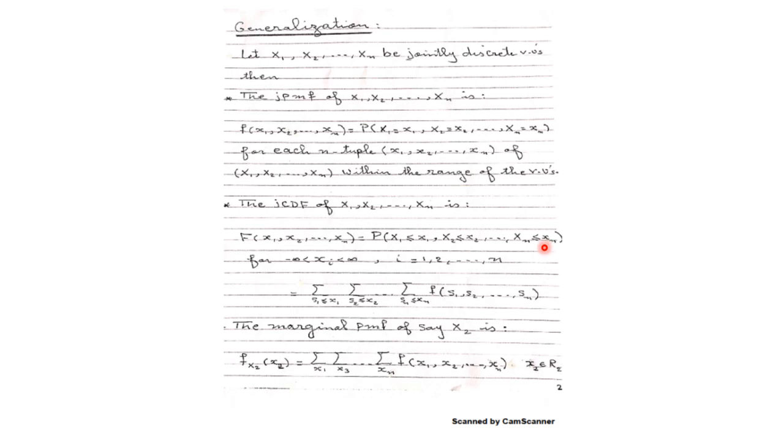Be careful when we use capital letters and little letters. And as you all know, when we try to obtain capital F, we obtain it for the variable between what? Minus infinity to infinity, right? Okay, so we have to do this for each random variable. So that's why we write it xi here, and what's i here? It could be 1, 2, or what? Or n. So i is 1, 2, up to n.